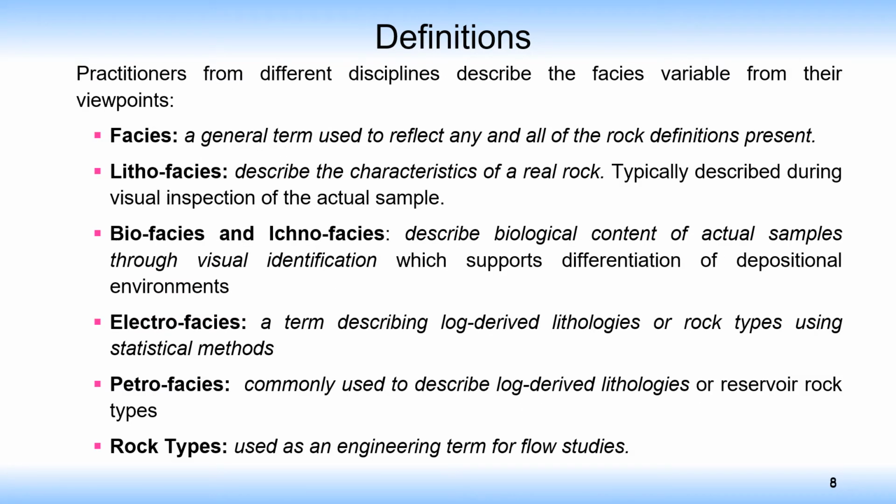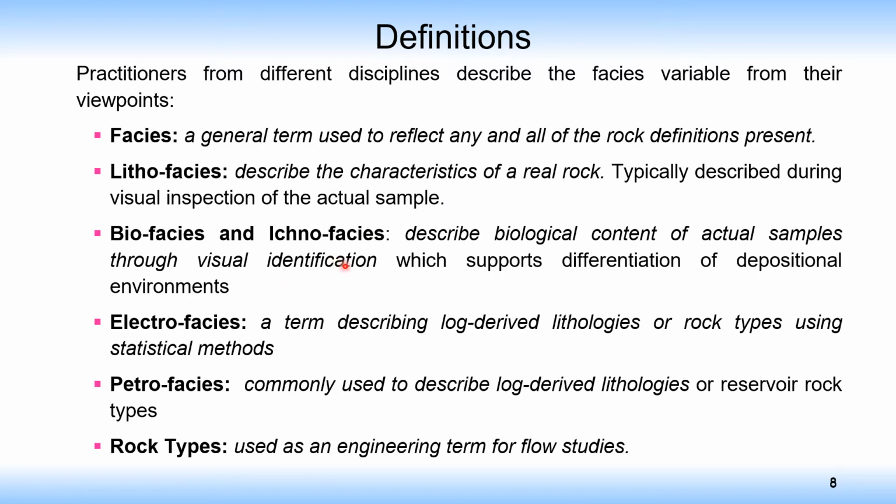Let's quickly go over some definitions so we're on the same page. We've got practitioners from different disciplines describing the facies from their viewpoints. So facies is really describing the face of a rock, and it's just a general term. Lithofacies is describing the characteristics of a real rock. It's typically described during visual inspection of the actual sample, trying to visually inspect properties.